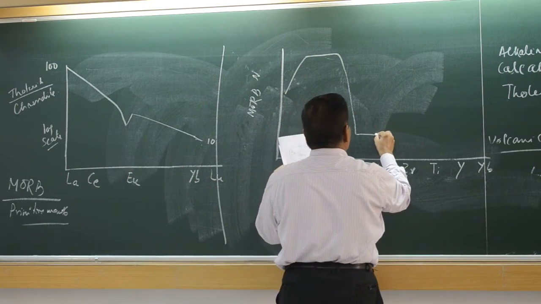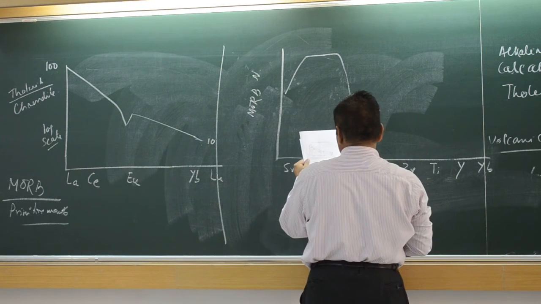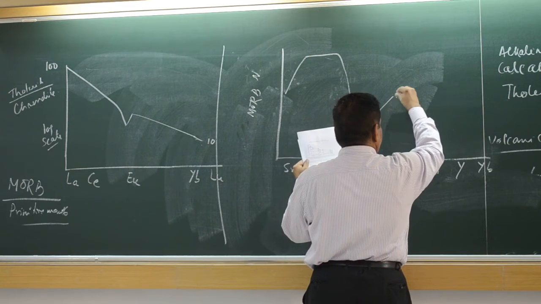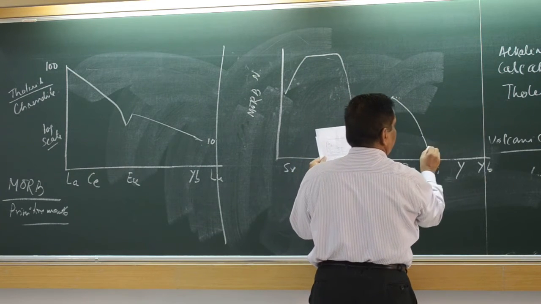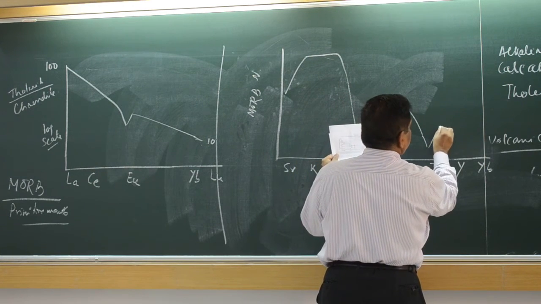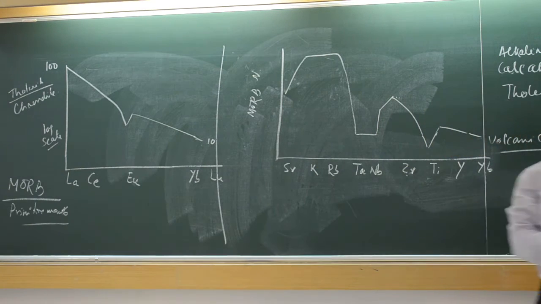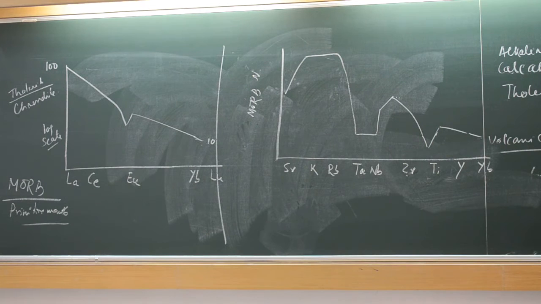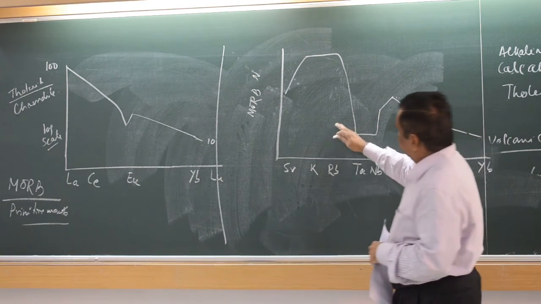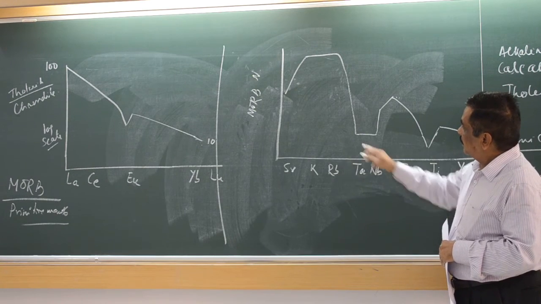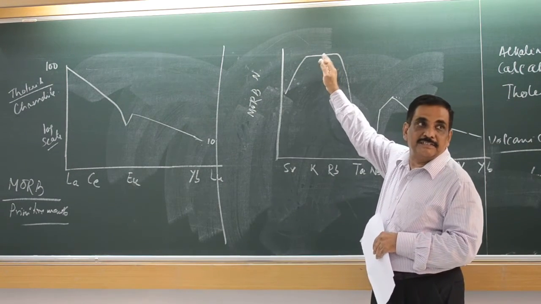You can draw it high. I'll tell you a little later, but draw it as it is. Up to Ta and Nb, you make a very high rise like this.